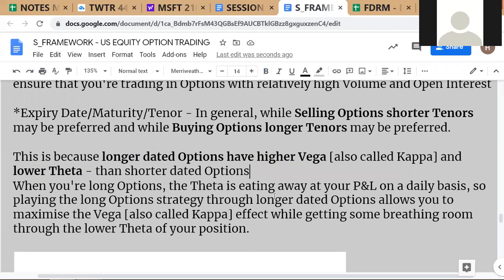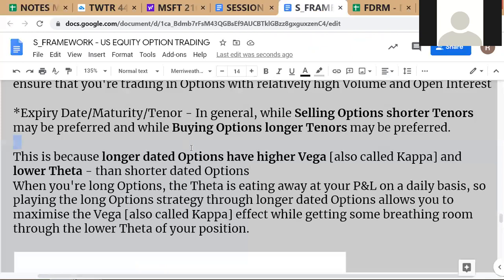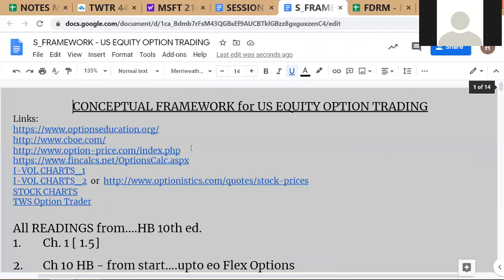Now, go back to the basic framework for your decision making. If you're a buyer of options, why are you buying options? Remember that I gave you this framework.